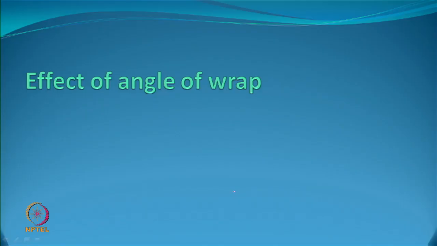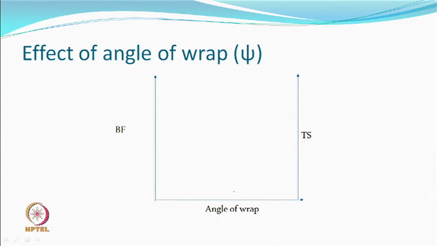The other effect which we should be concerned about is the angle of wrap, sometimes represented as psi. You think it is a good idea to leave this discussion on you. Now, you know what is a broken filament, why does it occur.